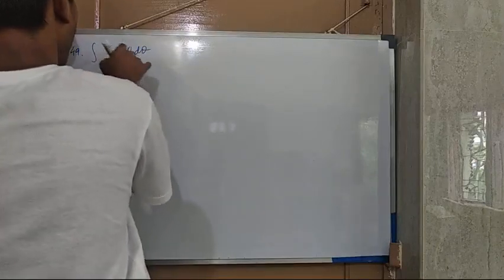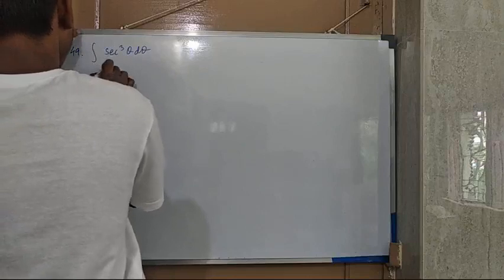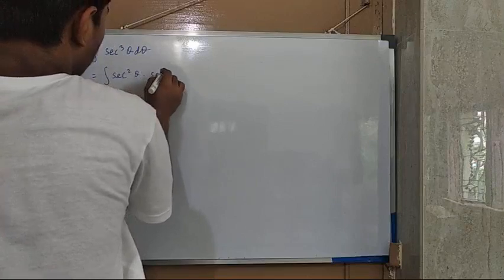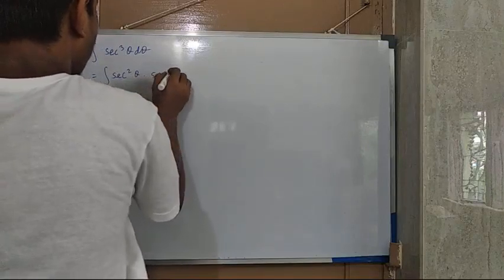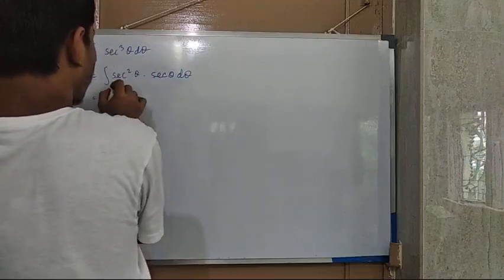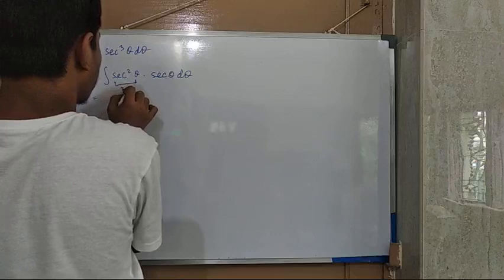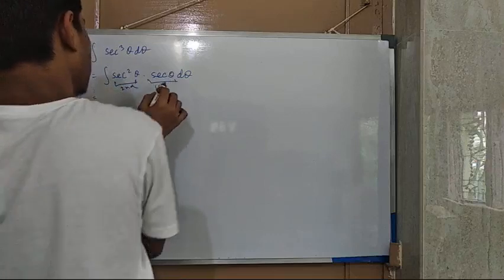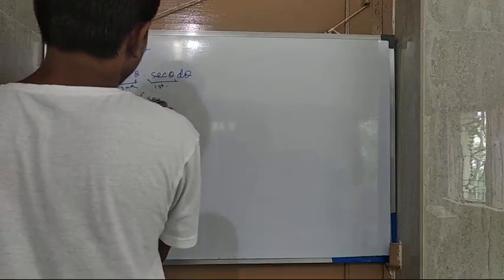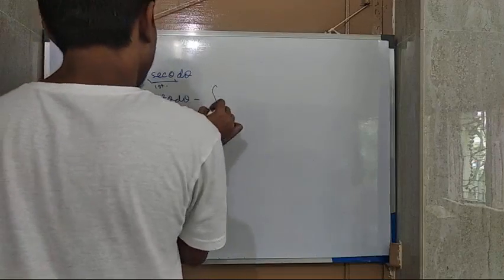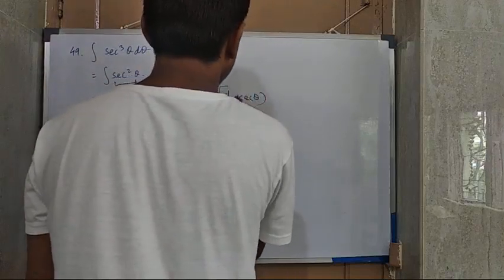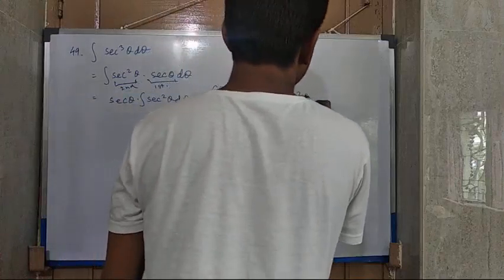So this is a very common problem. What you have to do is write sec square theta times sec theta d theta, taking sec square theta as the second function and sec theta as the first function. So this is sec theta times the integral of sec square theta d theta, minus the integral of d by d theta of sec theta times the integral of sec square theta d theta.